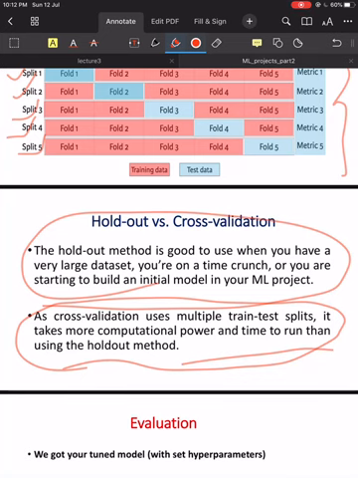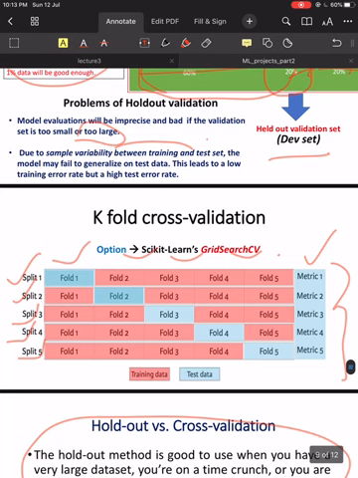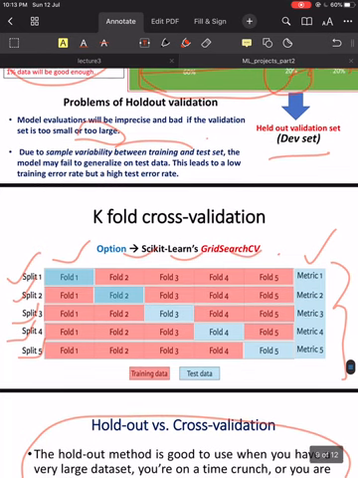Okay, and I forgot to tell one thing in the last slide: for how you can use this cross validation in Python, you can use the grid search cross validation function. And that is very straightforward. You can use scikit-learn's grid search cross validation function to search all the hyperparameters for you.